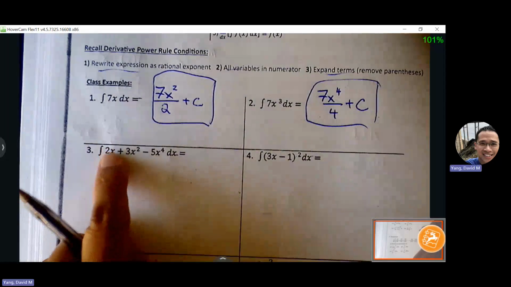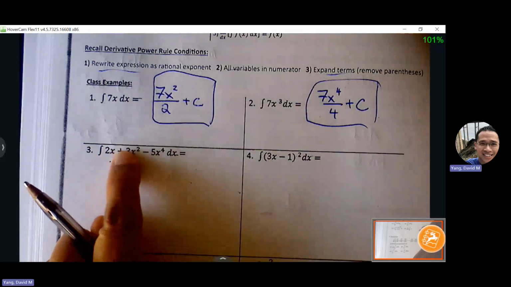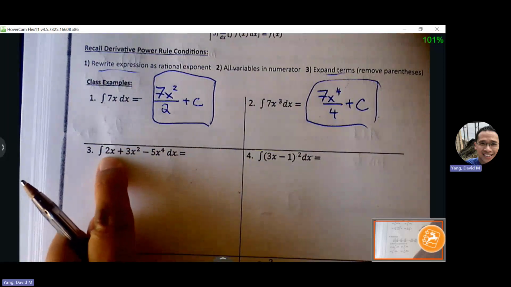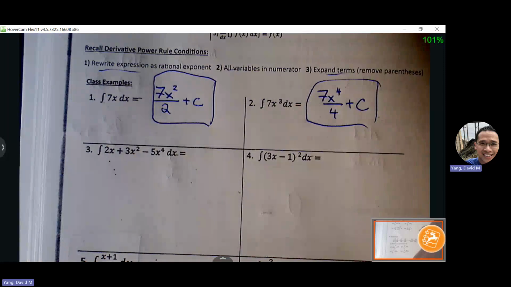Number 3, notice every single term is nicely separated. There are no issues with each. We'll just take the antiderivative of each term and treat each like a separate problem.